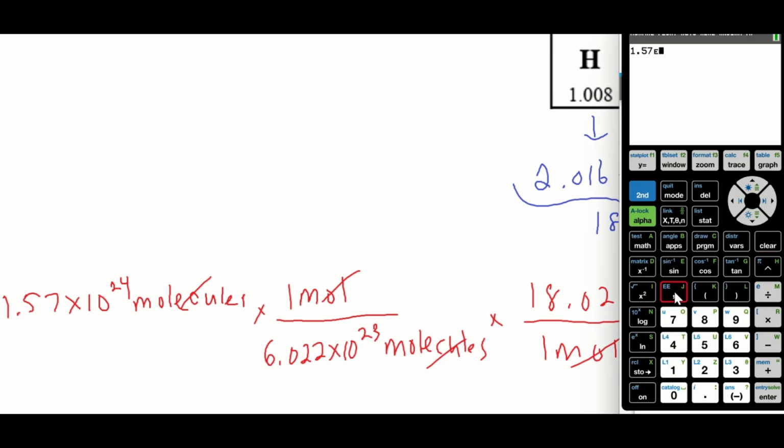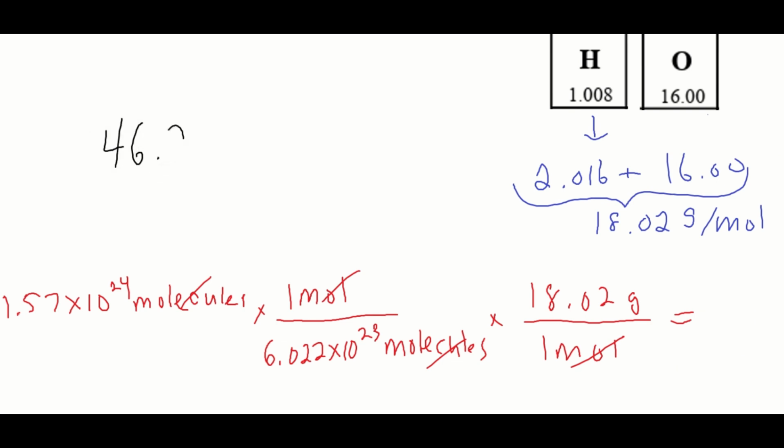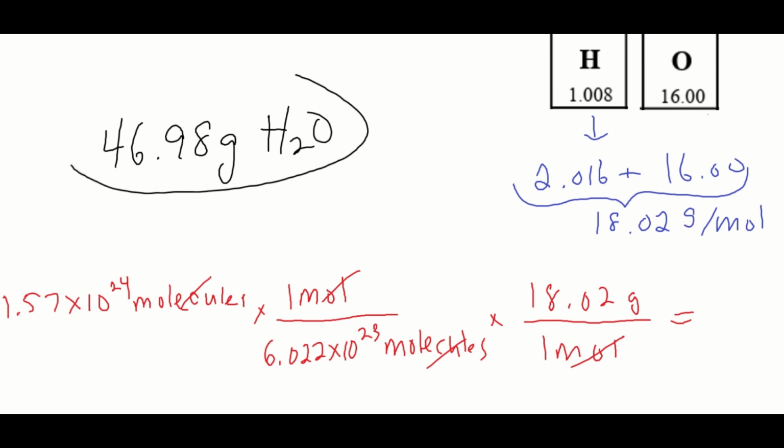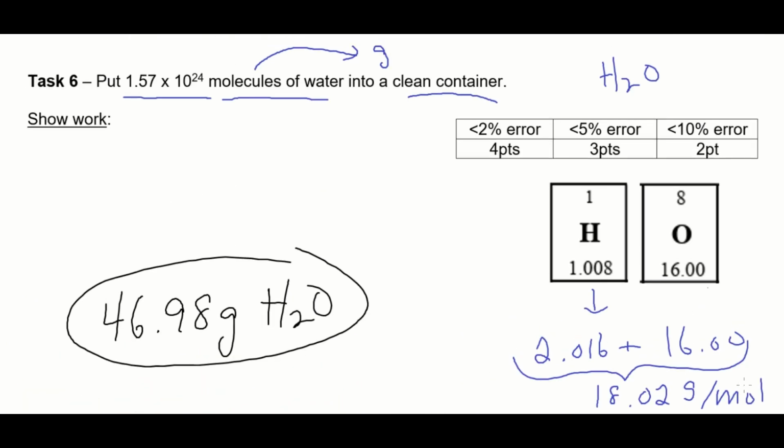So 1.57 times 10 to the 24 divided by Avogadro's number times 18.02. That's 46.98 grams of water is what I need to put into a container and give to my teacher. If I'm under 2% error, I got myself another 4 points.